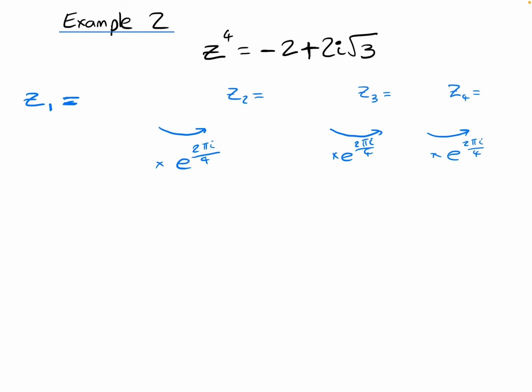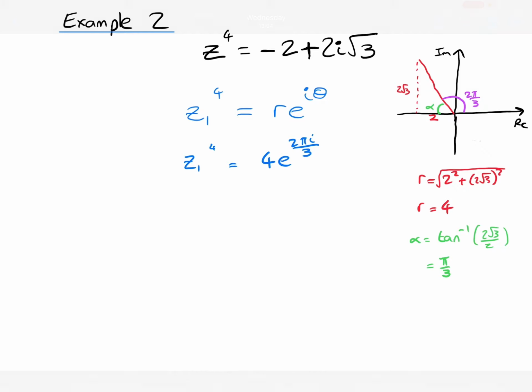But I know that once I've got the first solution, I can multiply it by e to the 2 pi i over 4, because I know I'm expecting 4 solutions because of the z to the power 4. So I know I'm going to have the 2 pi split between 4 different solutions. So I want to rotate 2 pi over 4.